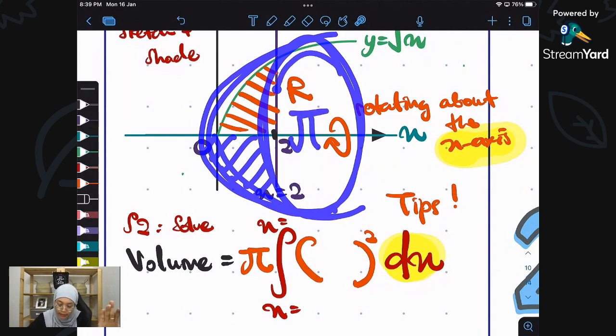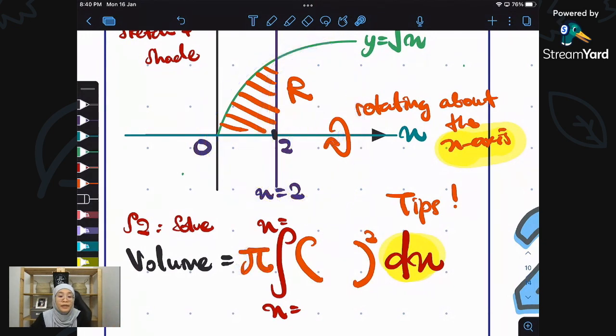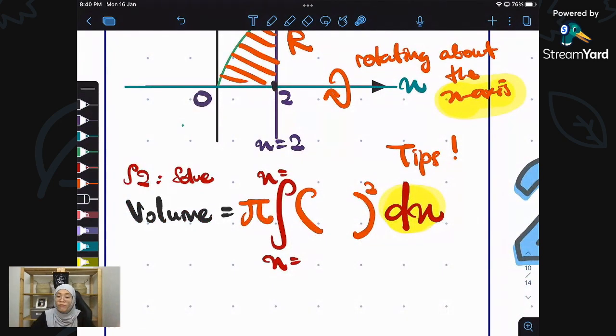So circle di sini bermaksud pi. Pi meaning circle. Therefore dalam formula ada pi. And then kenapa squared? It is just because the opposite. When you rotate it, we have like a twin. Therefore, a twin means a square. Okay? I hope you cukup faham dah konsep ini. Saya tak perlu explain lagi, okay?